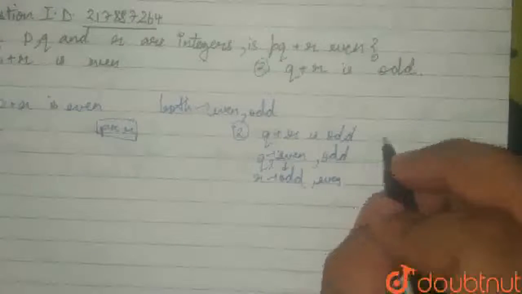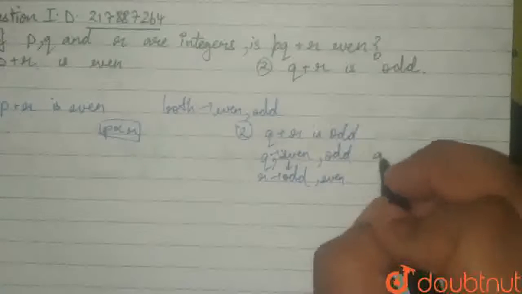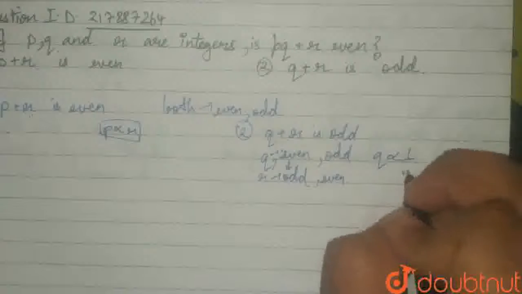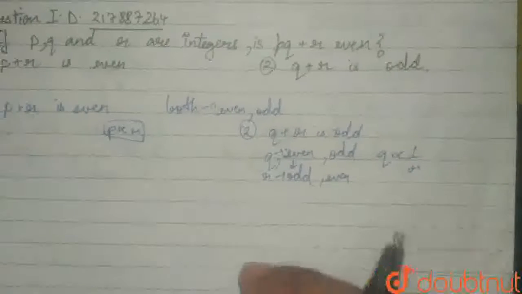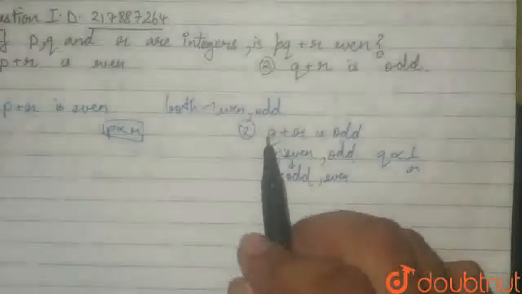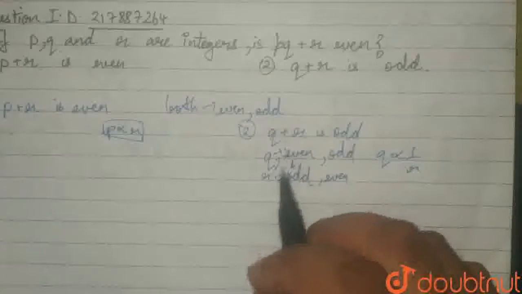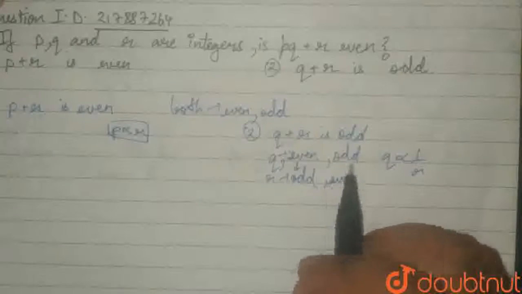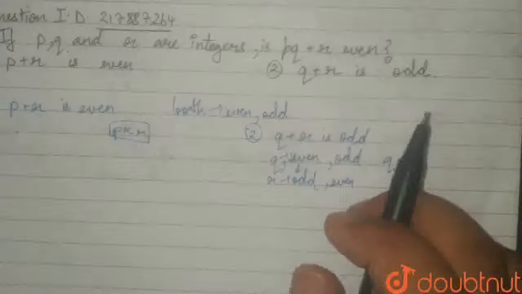So we've sort of underlined an inverse relationship between Q and R. This is just a vague statement. That is, when Q is even, R is odd, and when Q is odd, R is even. So they vary inversely, just to say.